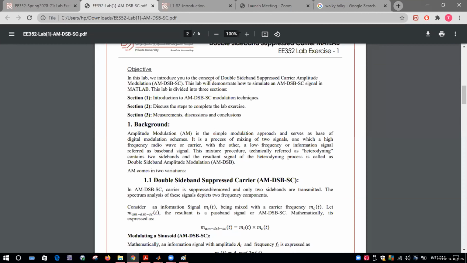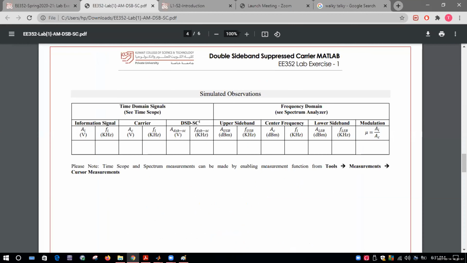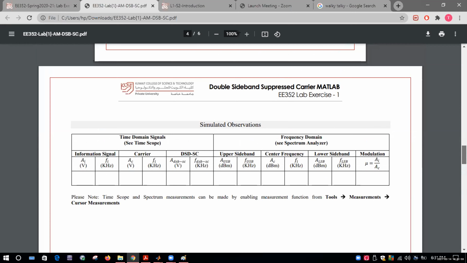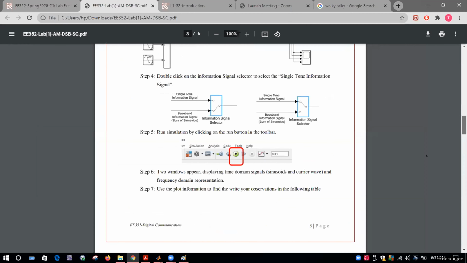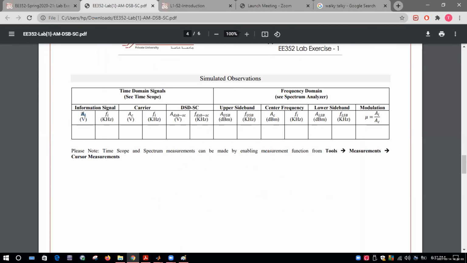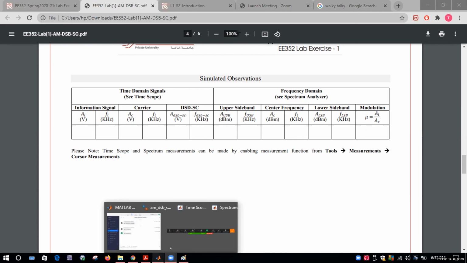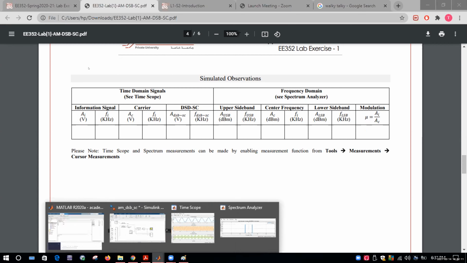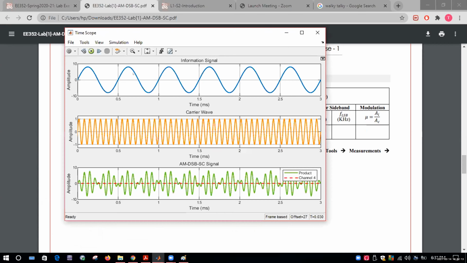So here, what do you need to write? This is your lab report, right? In the lab report, you will have to fill up the amplitude of the carrier. How much was the amplitude? Is it exactly 10?